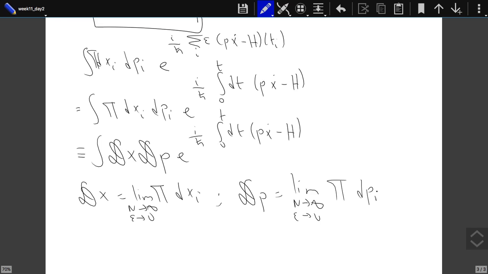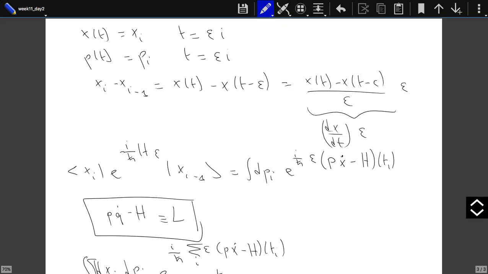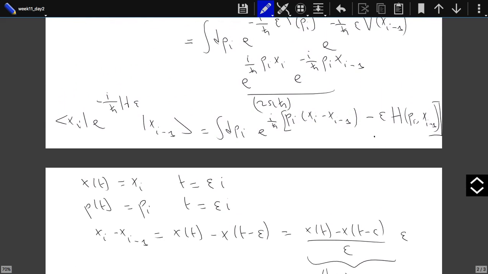Now, let's do one more step. We will make one more assumption and say that T is equal to p squared over 2m. Because with this assumption, well, I will go back to this expression over there. With this assumption, I can integrate over the pi, over all the momentum. Let me take this expression.